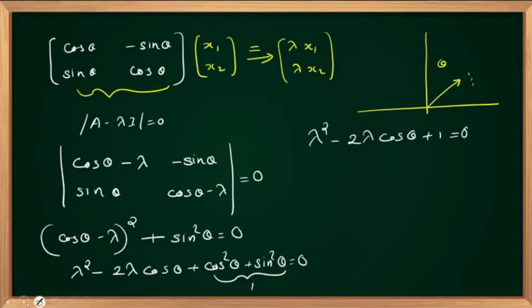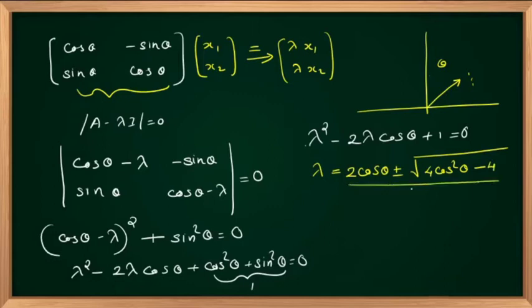You can solve it using the quadratic formula. Assume lambda is h, so h square minus 2h cos theta plus 1 equal to 0. Lambda is equal to minus b, where the coefficient is minus 2 cos theta, so minus b is 2 cos theta, plus or minus root of b square, which is 4 cos square theta, minus 4ac, 4 into 1 into 1, whole divided by 2.